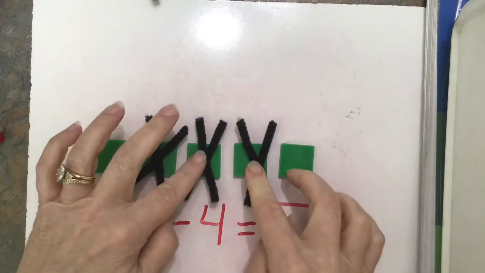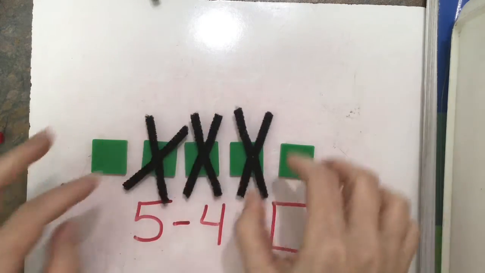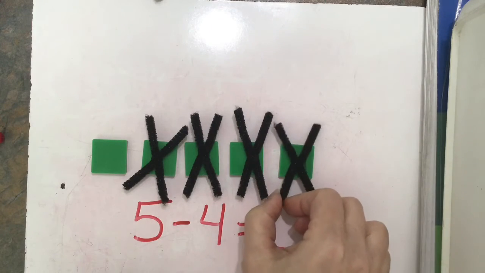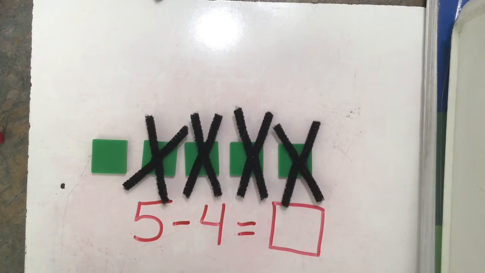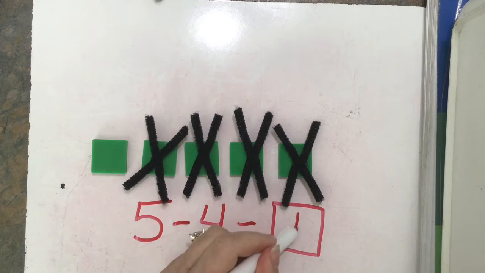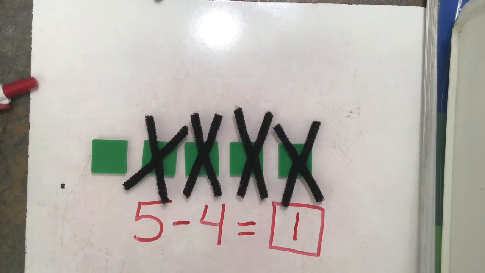So we will have 5 objects and 4 of them will be X'd out. It will look something like this. If we have 5 and we take away 4, how many do we have left? We have 1 left. That's right. So we would put 1 in the answer block.